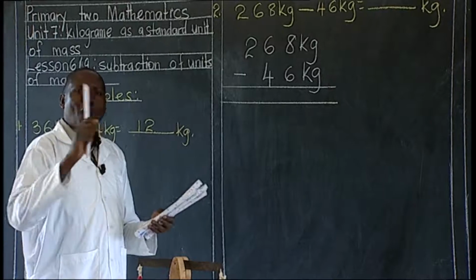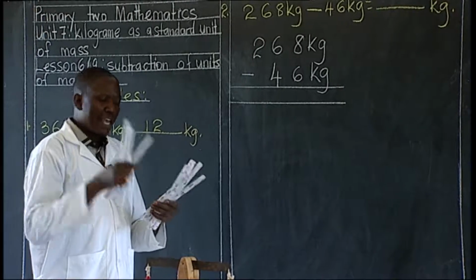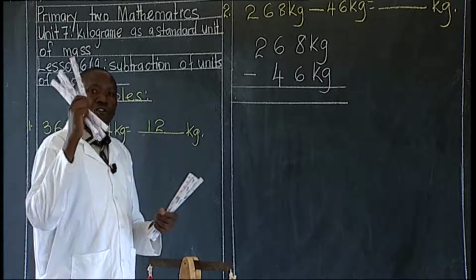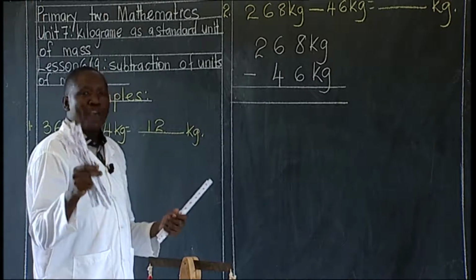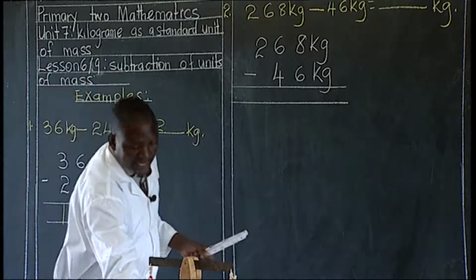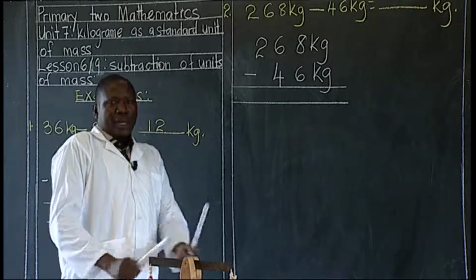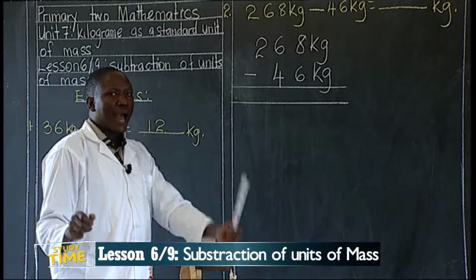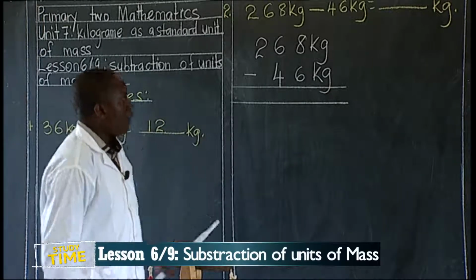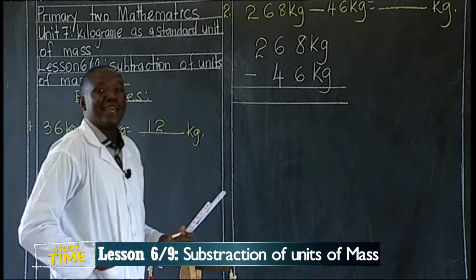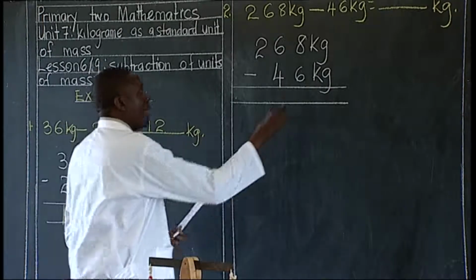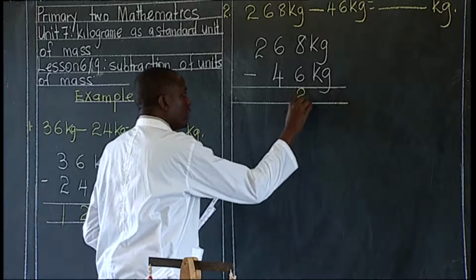Okay. 1, 2, 3, 4, 5, 6. We have counted 6. Put it down. Children, what do we have now? We have 1, 2. So our answer here will be 2. So you will come, put here 2.